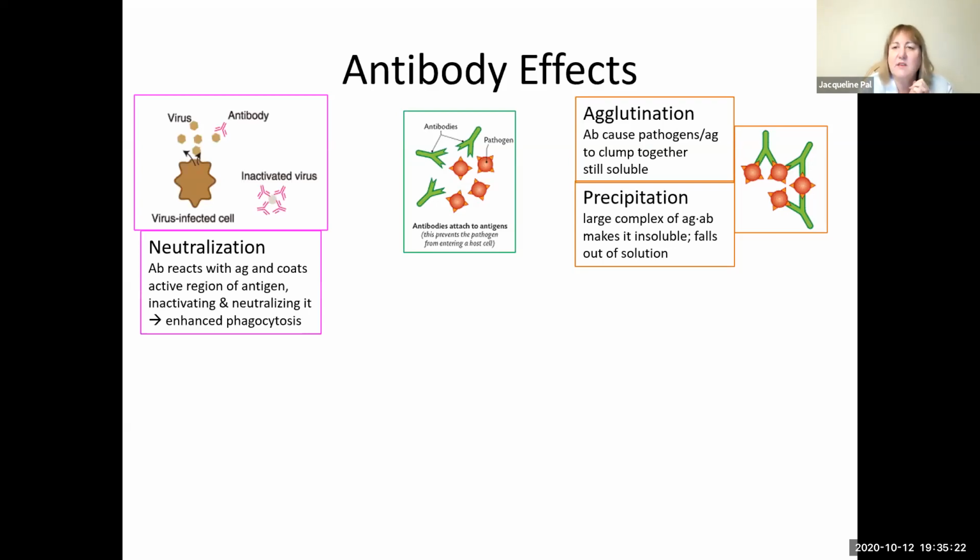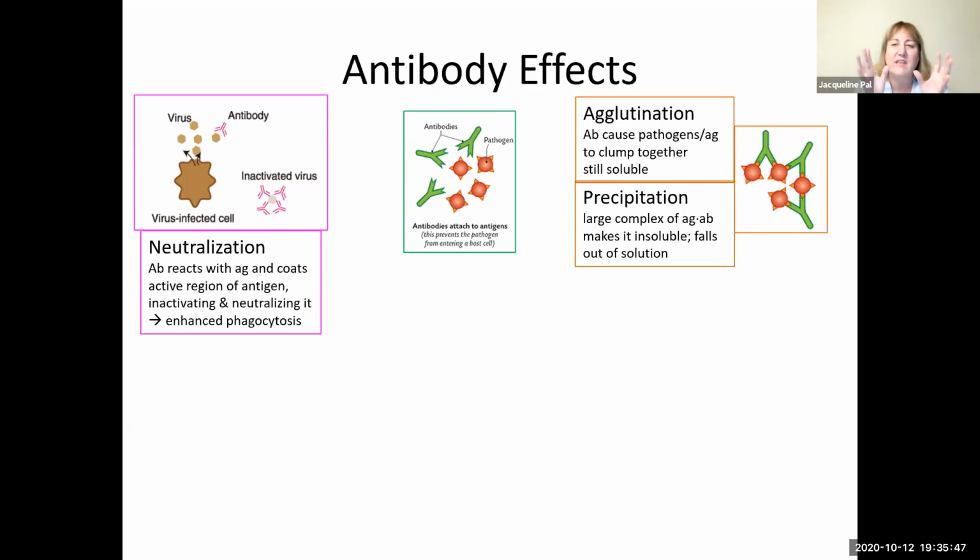The next is something called neutralization, which is kind of what it sounds like. It neutralizes the enemy being the antigen. And the way it does it is the antibodies go and they attach, enough antibodies attach to the antigen so as to coat the active region of the antigen. Does it have to coat the entire thing?